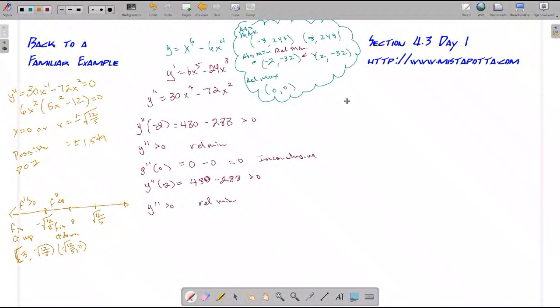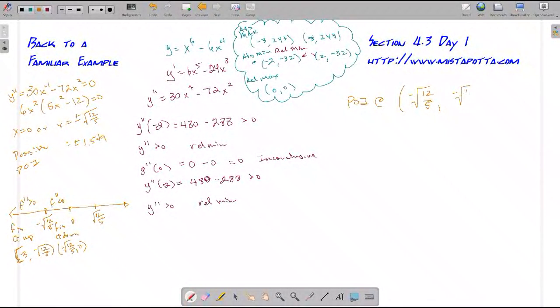So my point of inflection is going to be at negative root 12/5. And whatever I get when I substitute this in, this is one of those things where beautiful answers are wonderful.